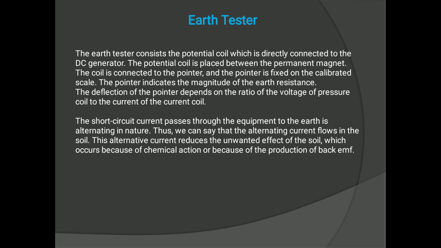First, spike P2 is fixed between the spike C2 and the earth electrode, and the resistance is determined. Then this spike is moved 3 to 4 meters nearer to the earth electrode, and then the same distance nearer to the electrode C2, and the two readings are again noted. The average of these three readings is the required earth resistance.